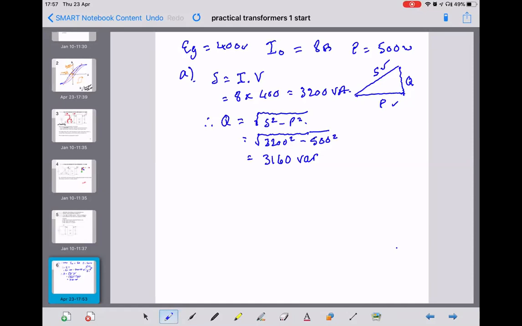There's V squared over R. That's one of them.